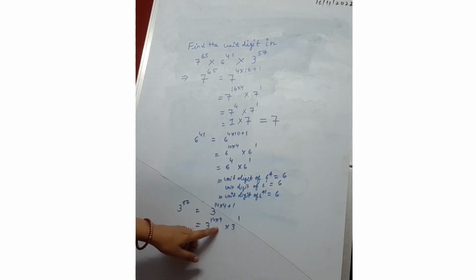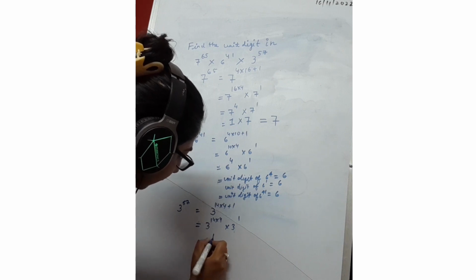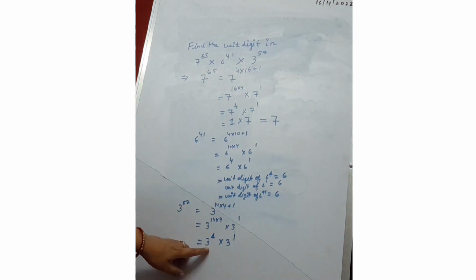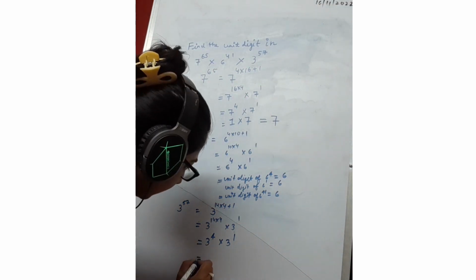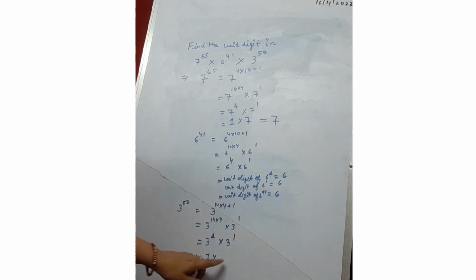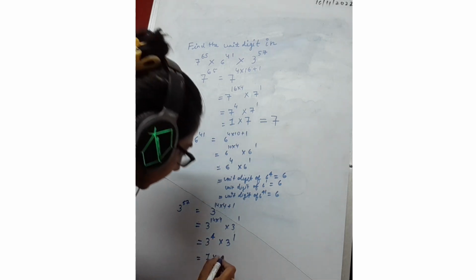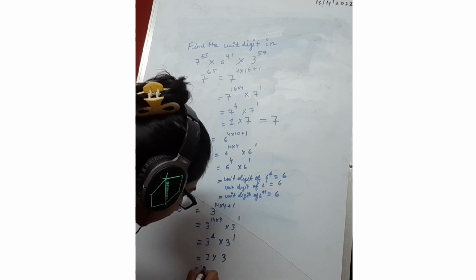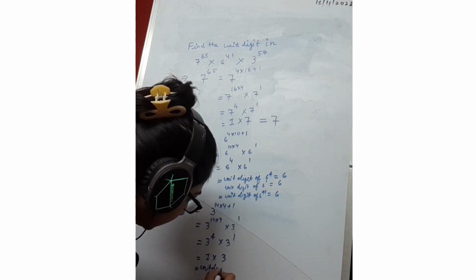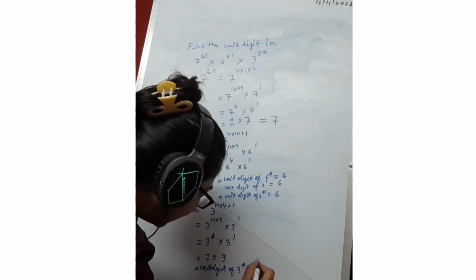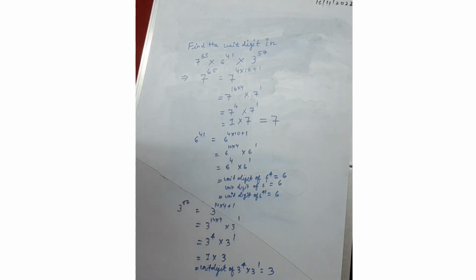Here for 3 to the power 56 the remainder is 0. So we write 3 to the power 4 times 3 to the power 1. The unit digit of 3 to the power 4 is 1, and the unit digit of 3 to the power 1 is 3. So the unit digit will be 3.